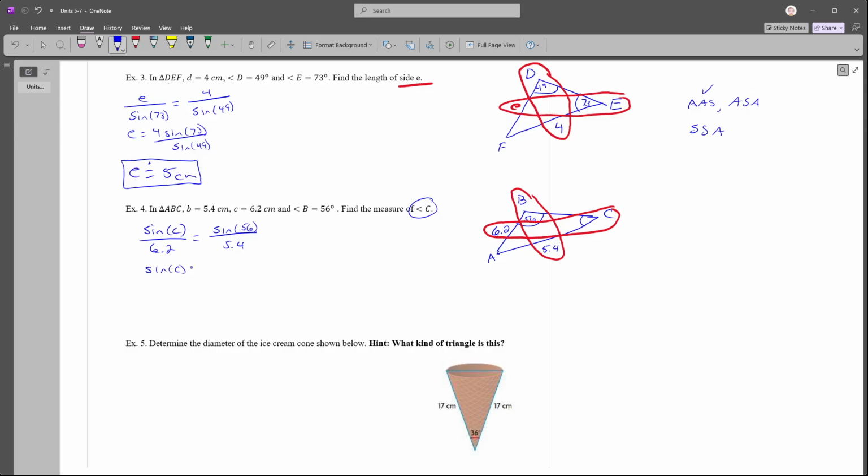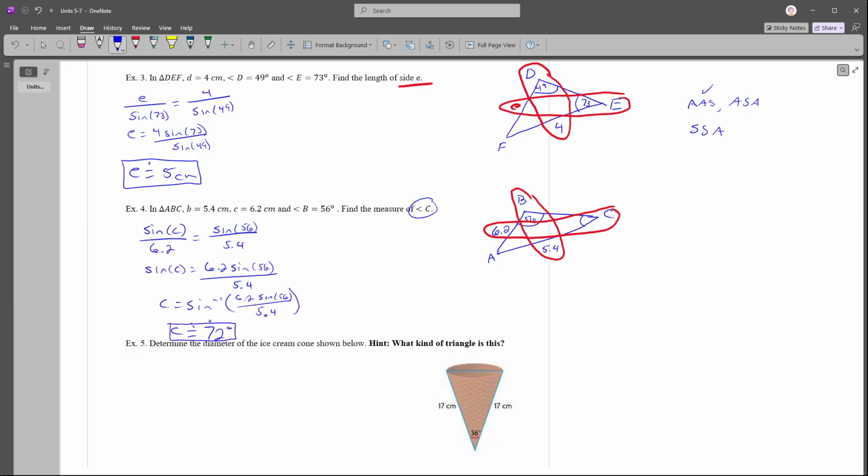Sine of C is equal to 6.2 times the sine of 56 over 5.4. And we got to solve for C. So that's going to be sine inverse of this whole thing again: 6.2 times the sine of 56, and that whole thing is going to be over 5.4. So all said and done, C is going to be approximately equal to 72 degrees.